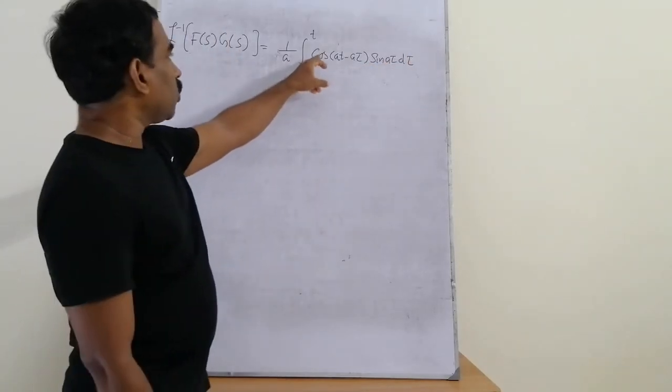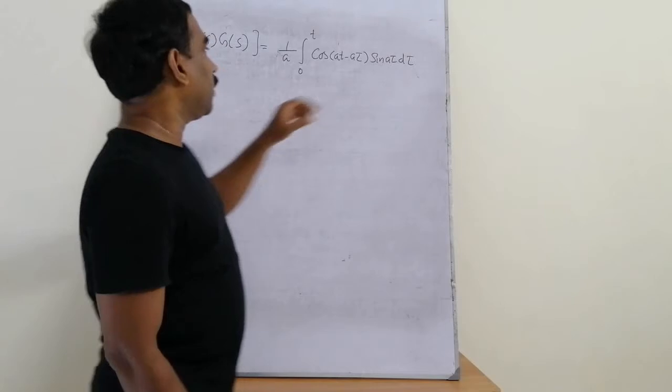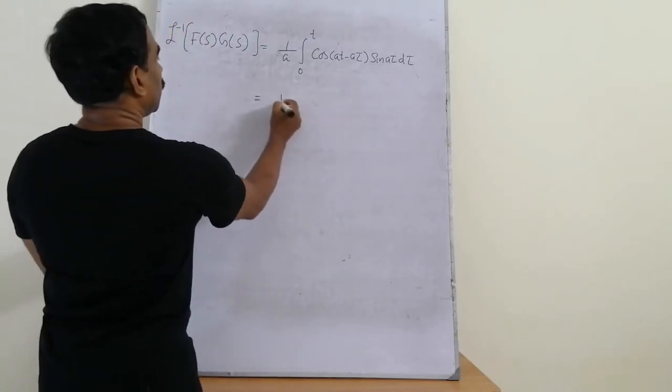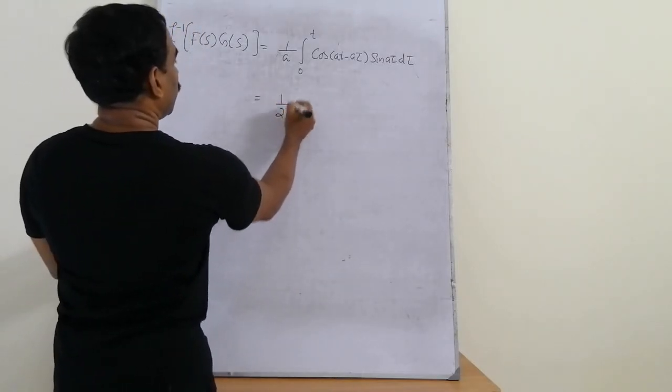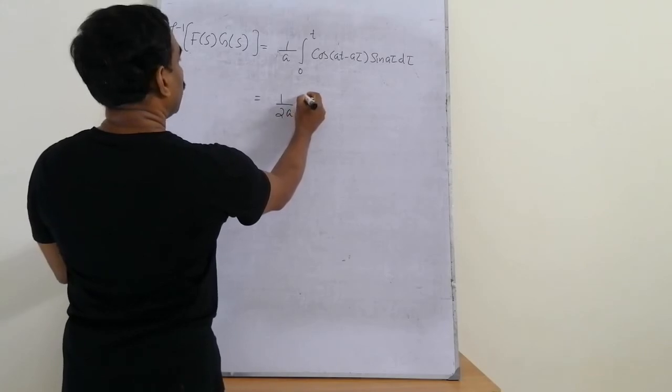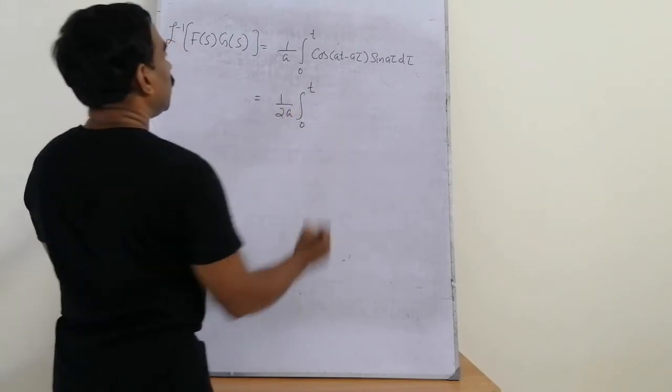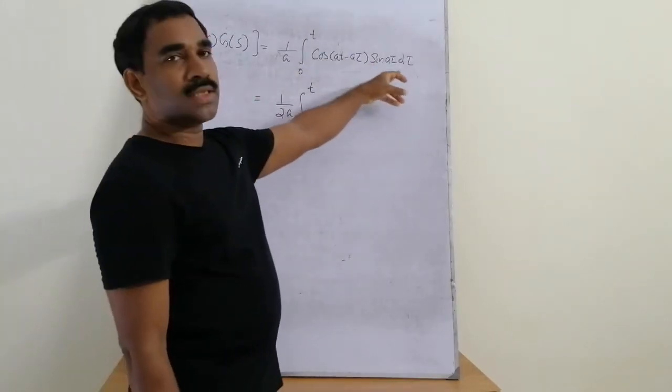And this expression is of the form cos A sin B. And what is cos A sin B? It is 1 by 2 into, we have only one a, so this is 1 by 2a into integral 0 to t of [sin(A plus B) minus sin(A minus B)].